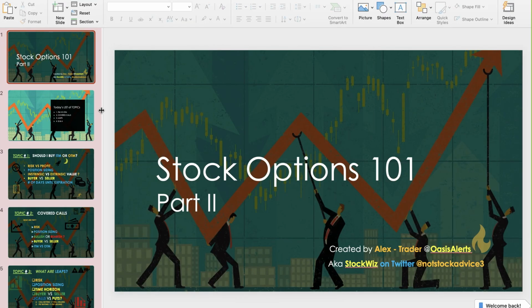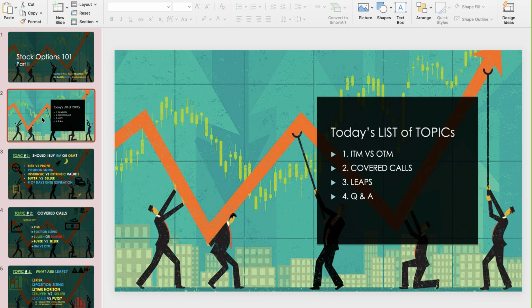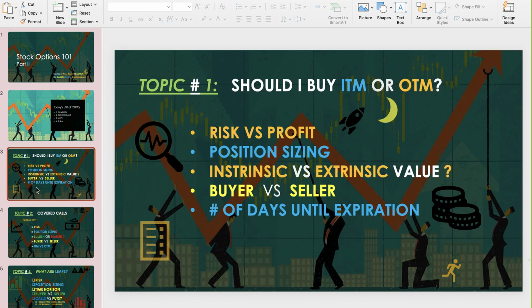Then part two, we went into some of the differences between in the money and out of the money, right? And in what situations one might consider buying an options contract out of the money versus in the money, and vice versa, and how there are differences in risk, profit, position sizing, and all these different factors that come into play when determining whether you're going to buy something in the money or out of the money.